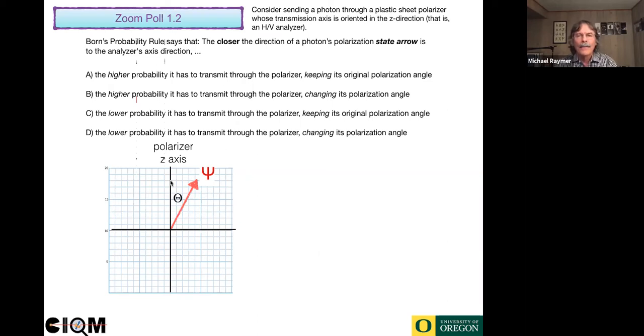And the latter half of the question has to do with what we talked about in the previous Zoom poll. Now again, remember, the light is polarized in this direction, the red arrow. In order to calculate the probability to go through the axis of the polarizer, we project it onto this vertical axis, and we calculate the length.